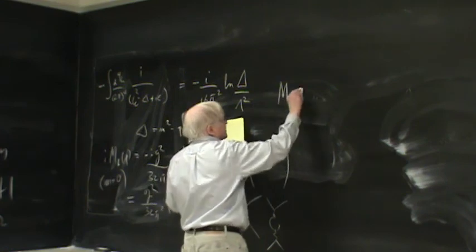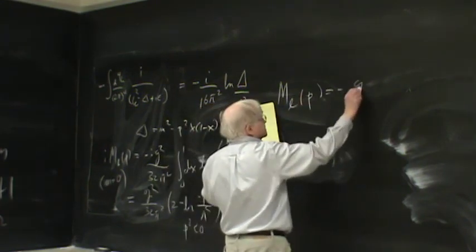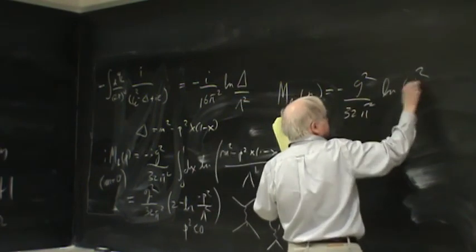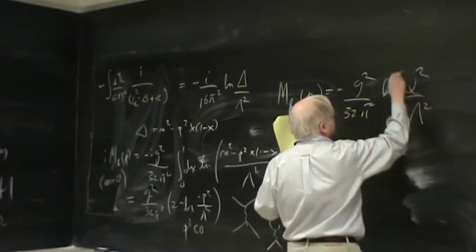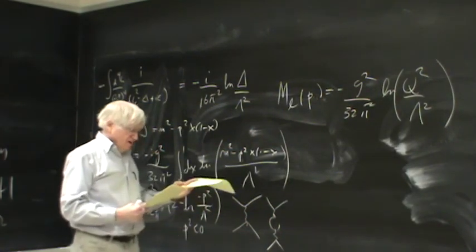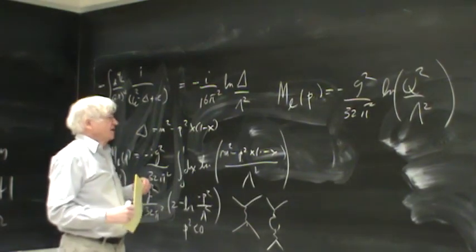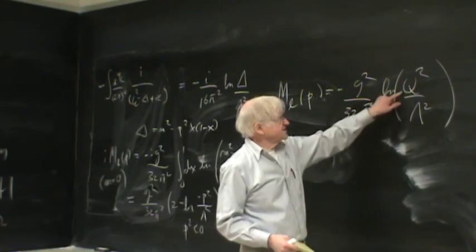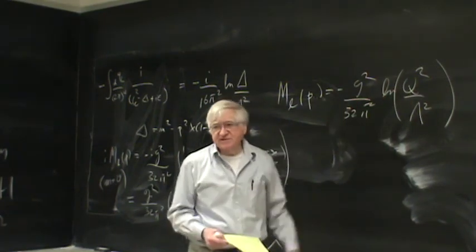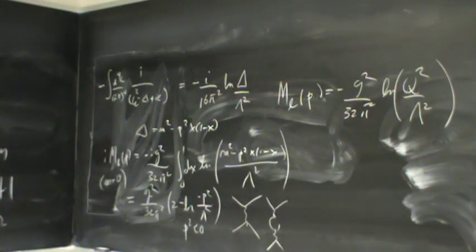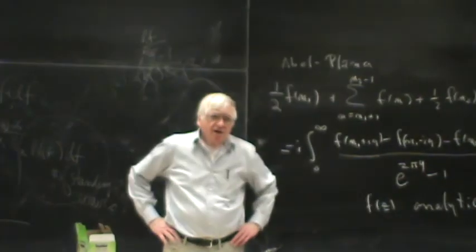So then we have, finally, the amplitude of p is minus g squared over 32 pi squared log of q squared over lambda squared. So the idea is that we've got an amplitude now in terms of some infinite quantity and some q. This is similar to what we had before, and we'll proceed from this next time. Let's stop now because, as I said, I've got to go vote.